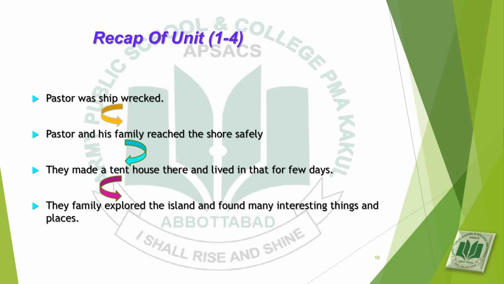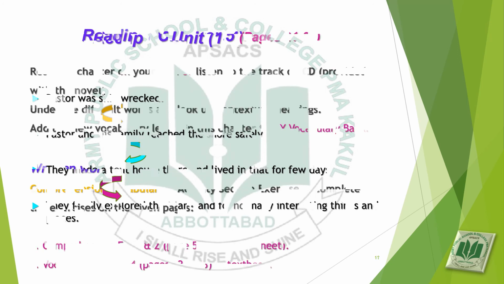Pastor was shipwrecked. Pastor and his family reached the shore safely. They made a tent house there and lived in that for a few days. The family explored the island and found many interesting things and places.